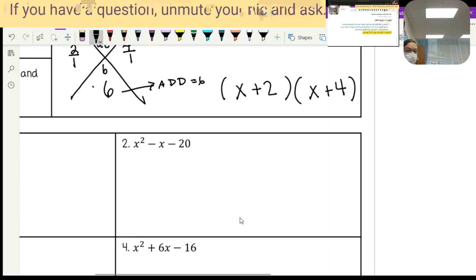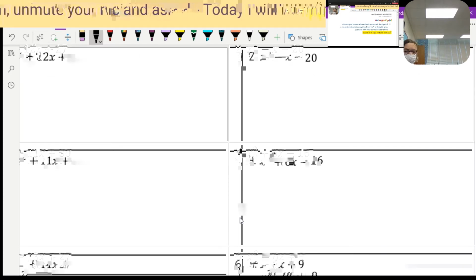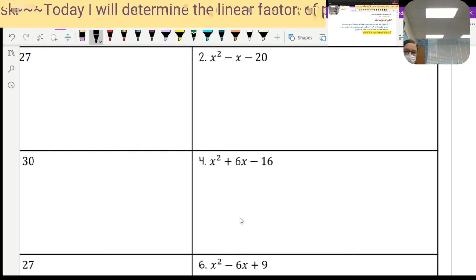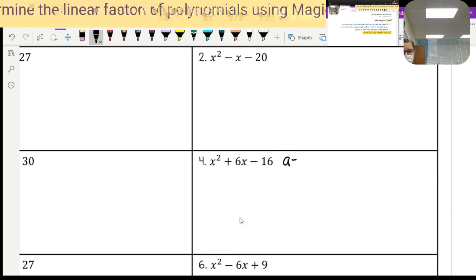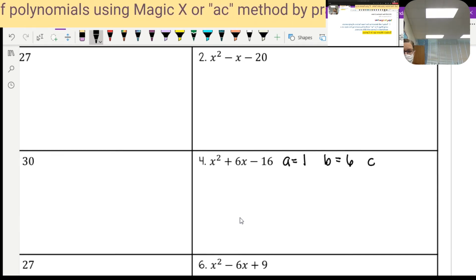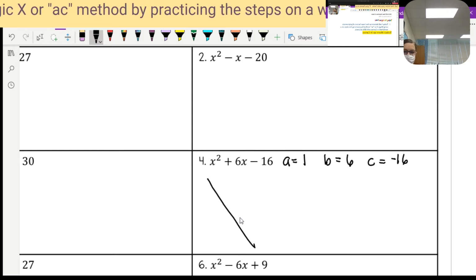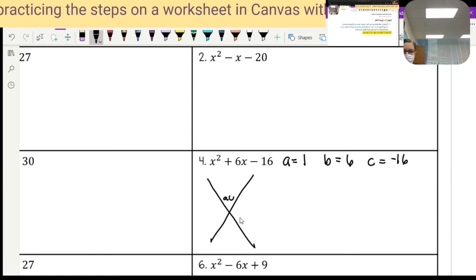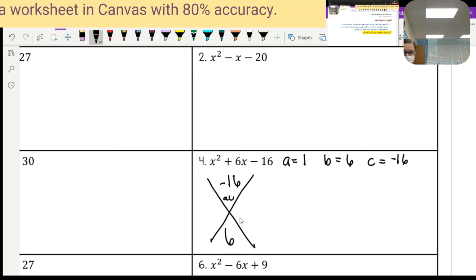Okay, so then we get a little bit more complicated if we get into an example like, let's try number 4. So we identify our variables of A equals 1, B equals 6, and C equals negative 16. Our AC is 1 times negative 16, and our B is 6.